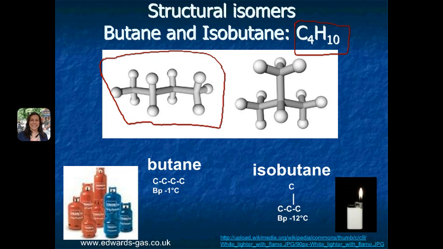So the 4 carbons are here. Carbon number 1, 2, 3, and 4 for butane. And for isobutane, you have 1, 2, 3, and 4.